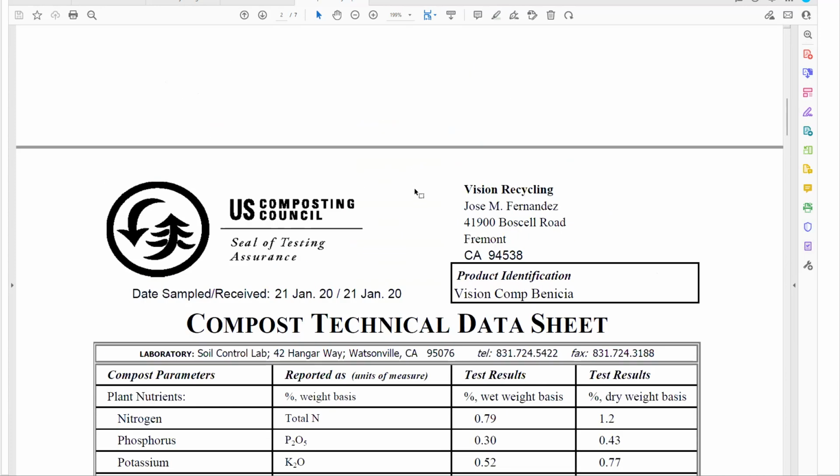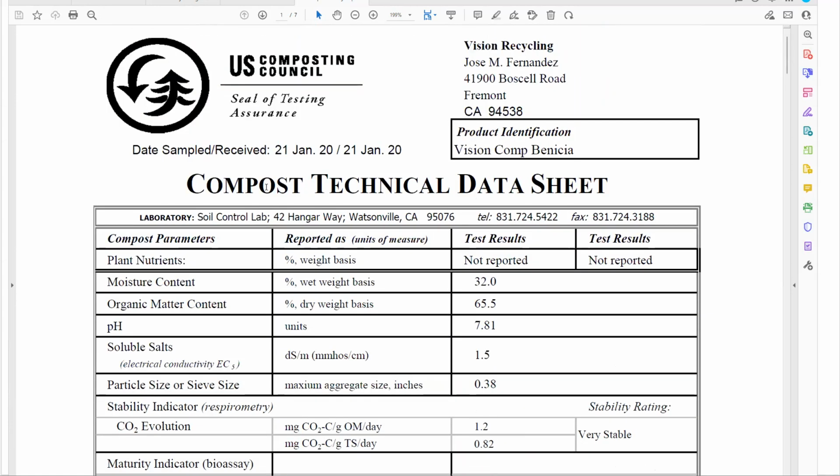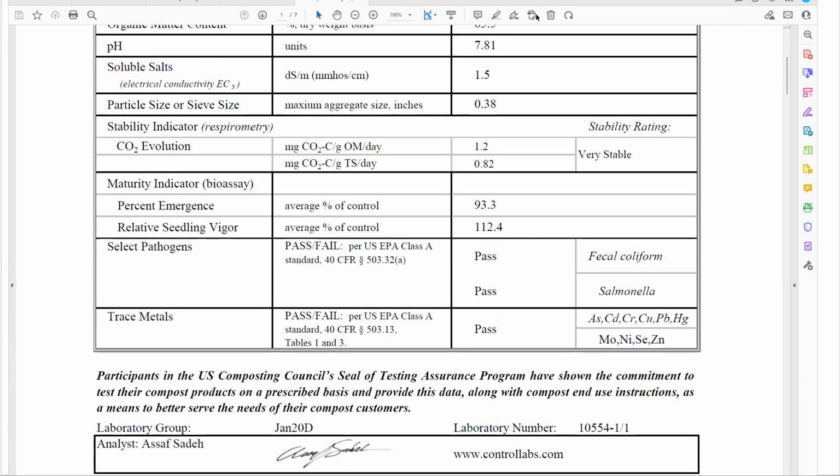But if you ask the manager or the office for the compost technical data sheet, you should get it. And typically they're tested at least 3 times a year. Okay, at least 3 times a year. Slowed down a little bit during COVID, but we've recovered from that.